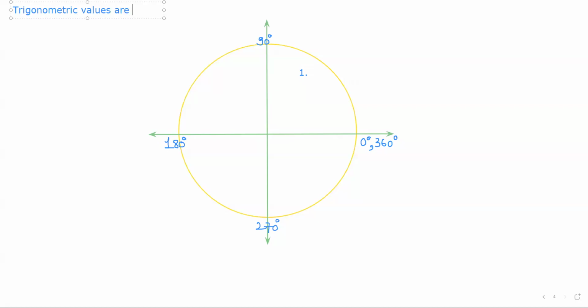Trigonometric values are the sine, cos, and tan. We are talking about only these 3 trigonometric functions because the rest of them are inverses of these. So sine, cos, and tan of the angles of the triangle, in this case, the angles of the quadrants, right?